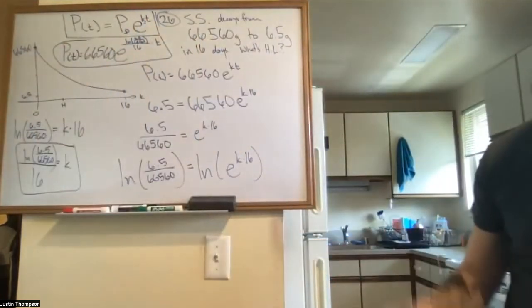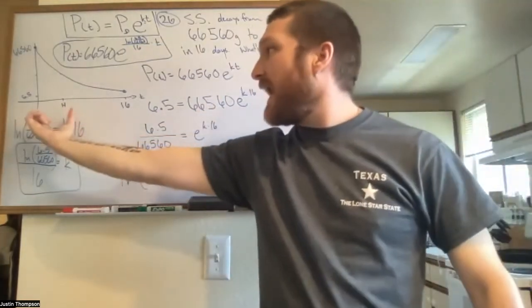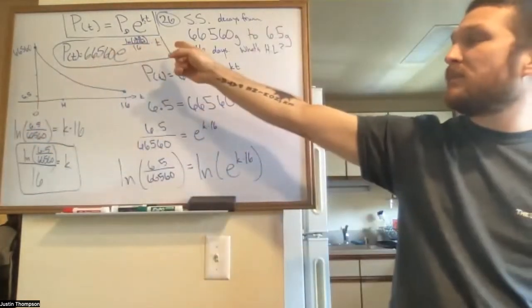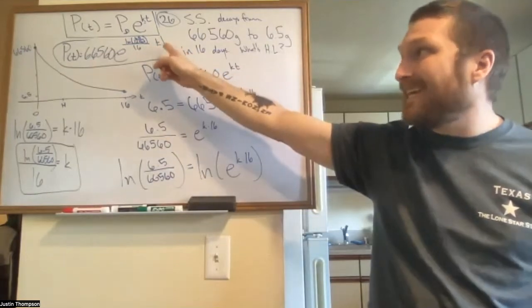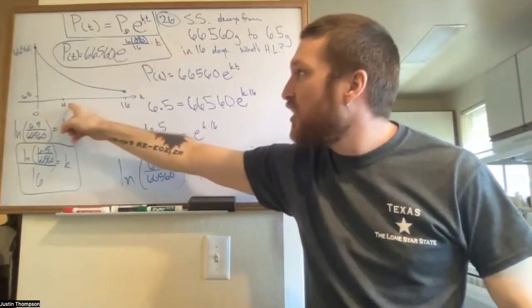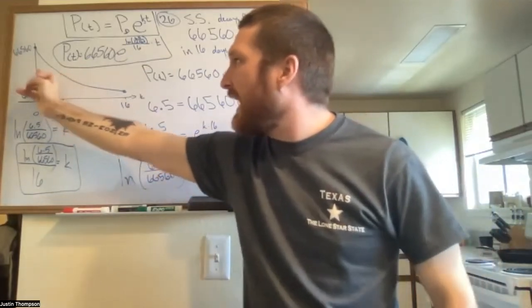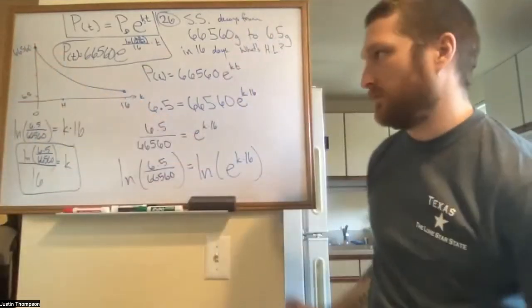Now they want me to find the half-life. The half-life is the amount of time. So I know that I'm going to be solving for t. That's the idea, that there's some number t that lives here, so that when I plug in that number, I get out 1/2 of the original.